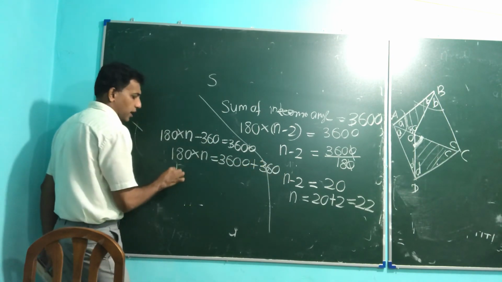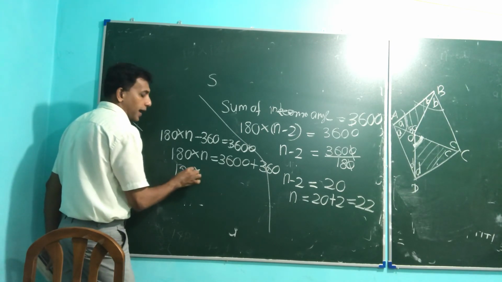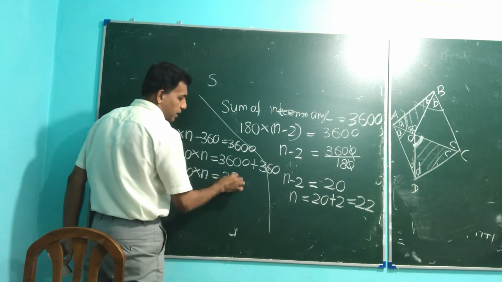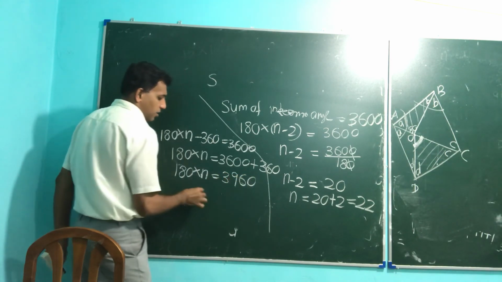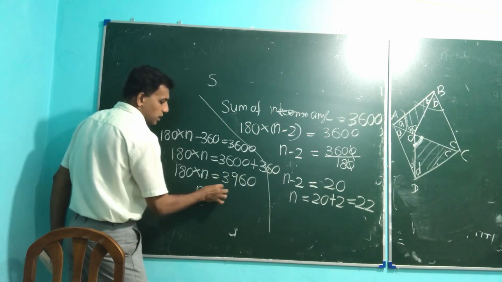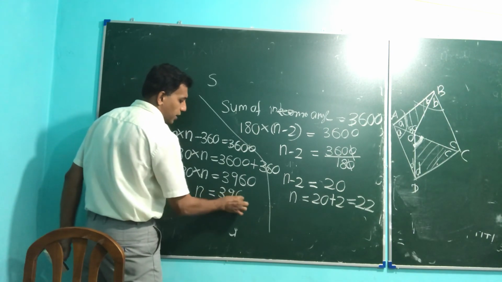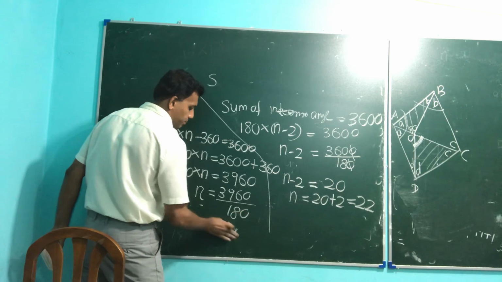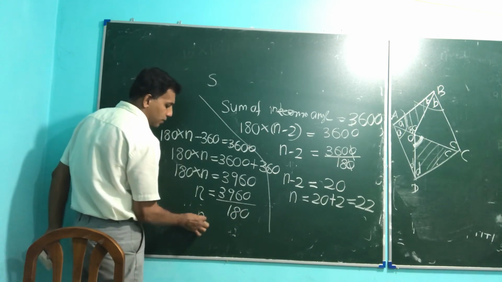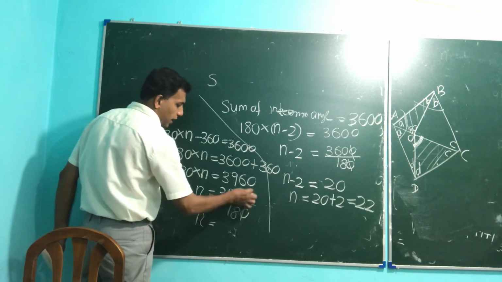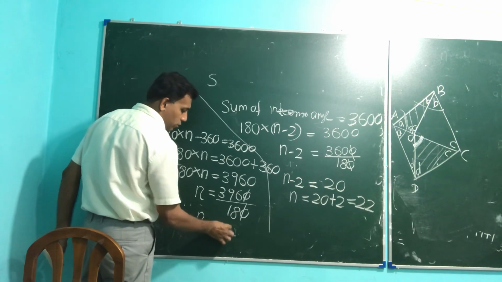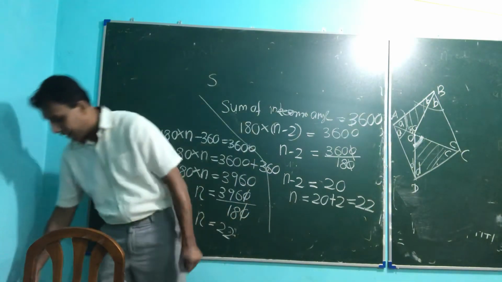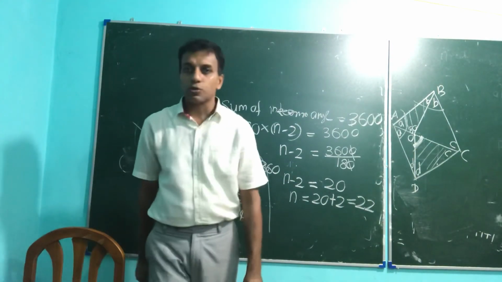So 180 multiplied by n equals 3960. Therefore n equals 3960 divided by 180. 10 cancels, and it becomes 22. It consists of 22 sides.